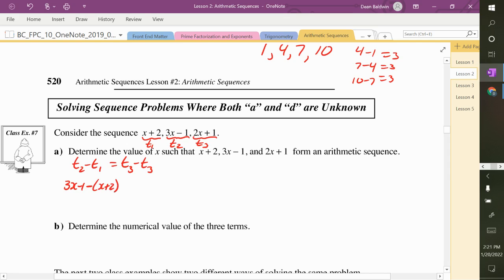Brackets. Must equal, what's T3? 2x plus 3, minus the term in front, which is T2, which is 3x minus 1. Again, bracket it.